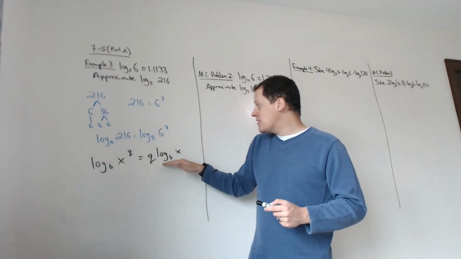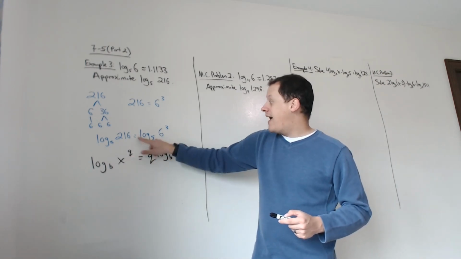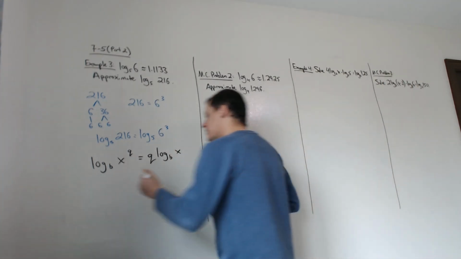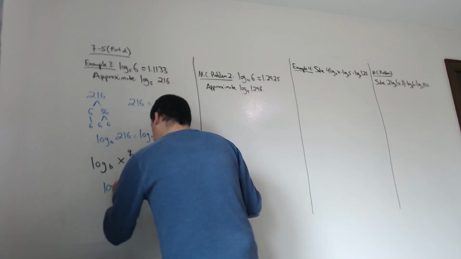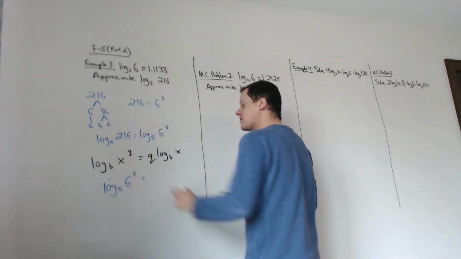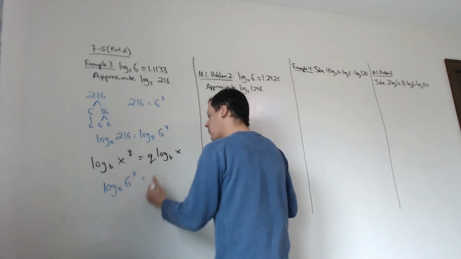And what this rule is saying is we can take this exponent and put it right out front. So that's what we're going to do here. So we've got log base 5, excuse me, 6 to the third power. We can take this exponent and move it right out front.